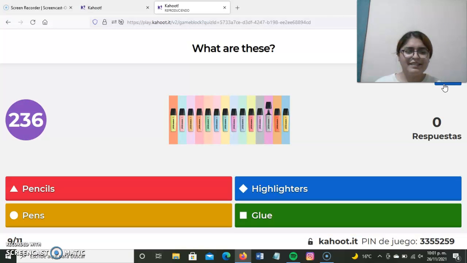What are these? ¿Qué son estos? Choose your answer.